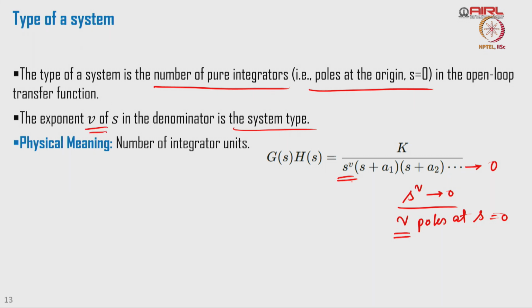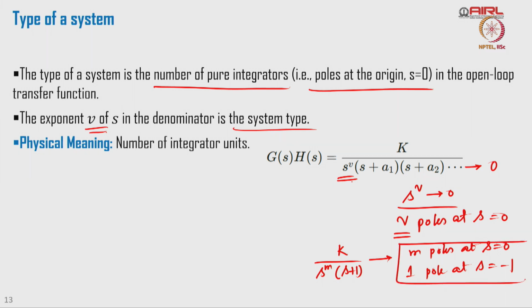If we have a system like K by s to the power m into (s plus 1), then we say that there are m plus 1 poles in this system. m poles will be at s equal to 0 and 1 pole at s equal to minus 1.